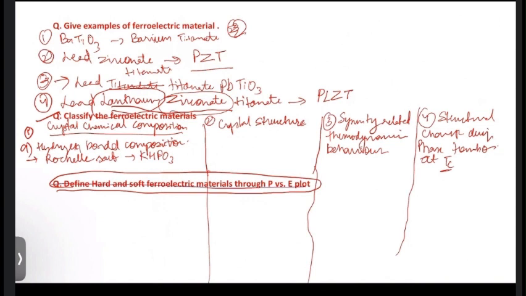Ignoring this question, we have already covered this. Then double oxides: barium titanate, potassium niobate.